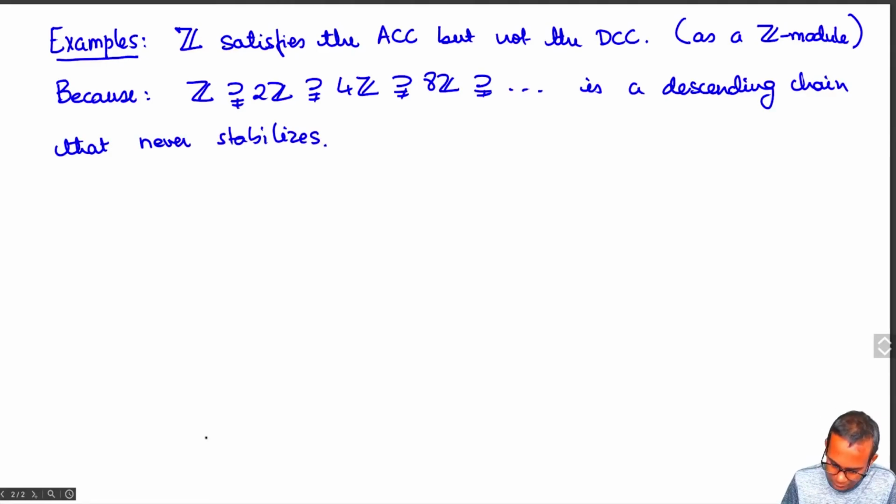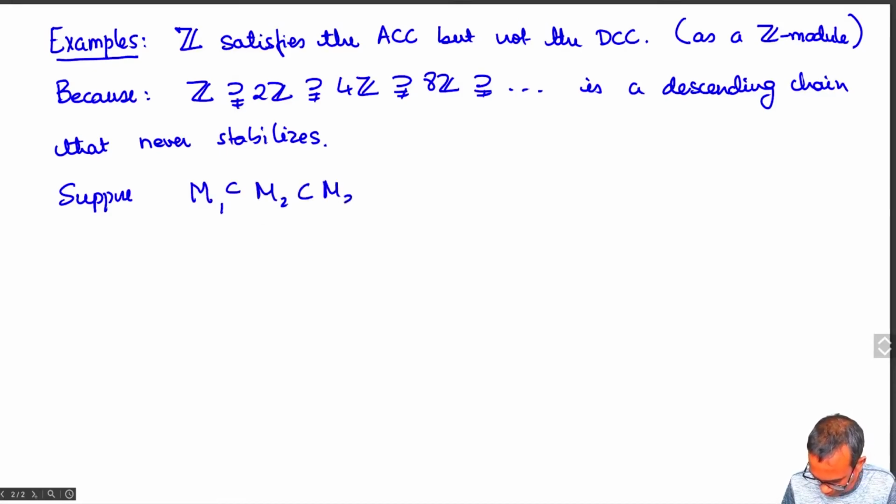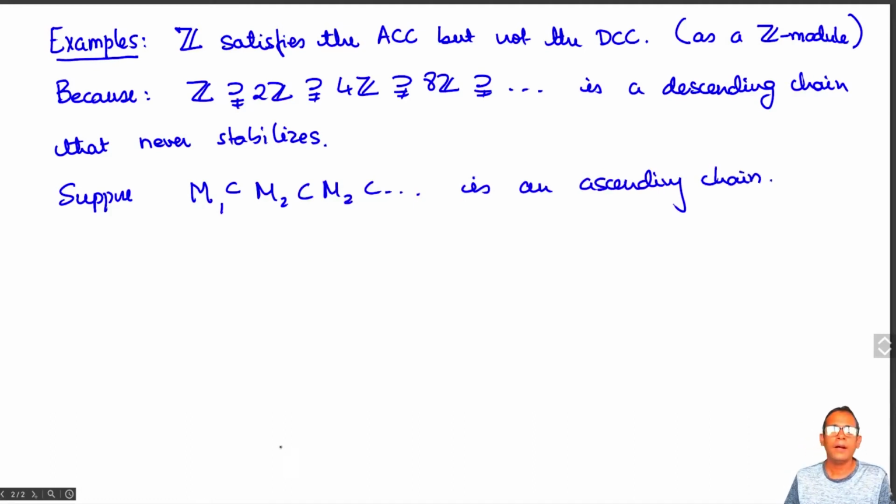Okay, and the other way, suppose we have M1 contained in M2 contained in M3 is an ascending chain. Suppose at least one of these is not zero. So if Mi is not equal to the zero module for some i.